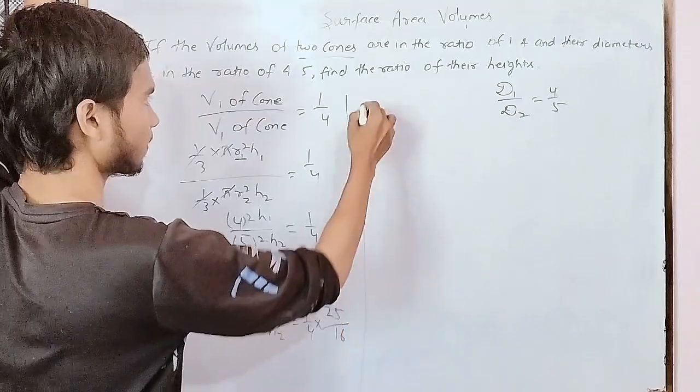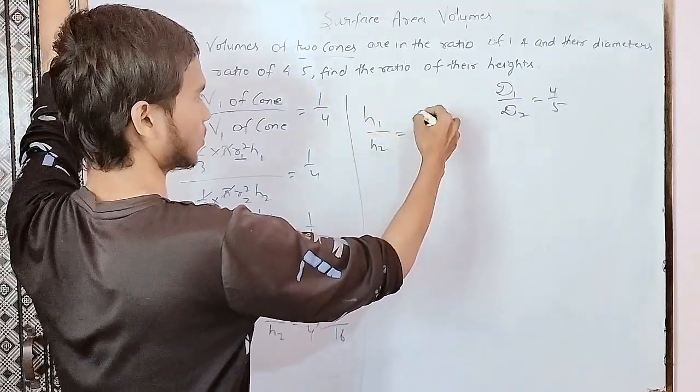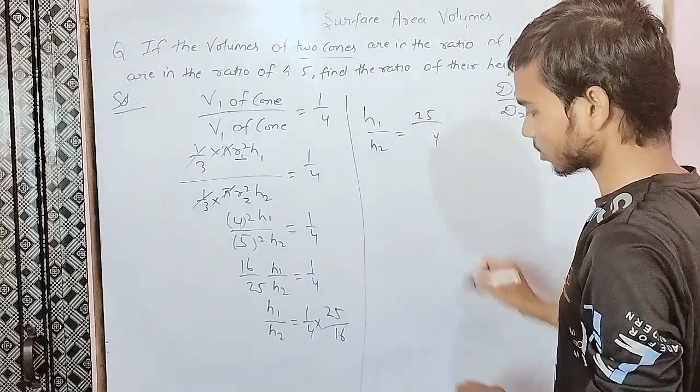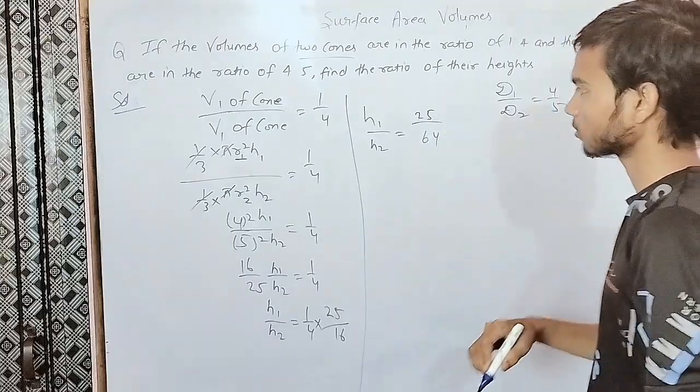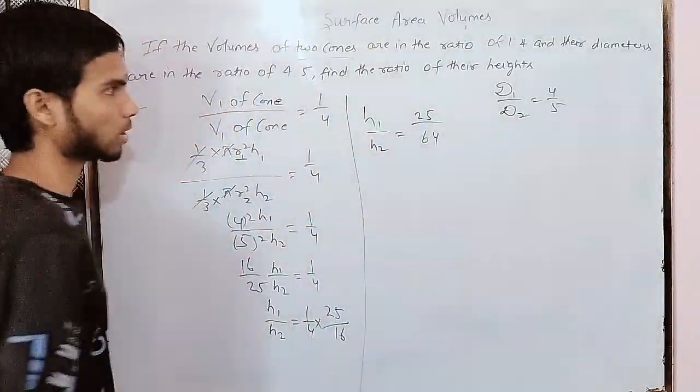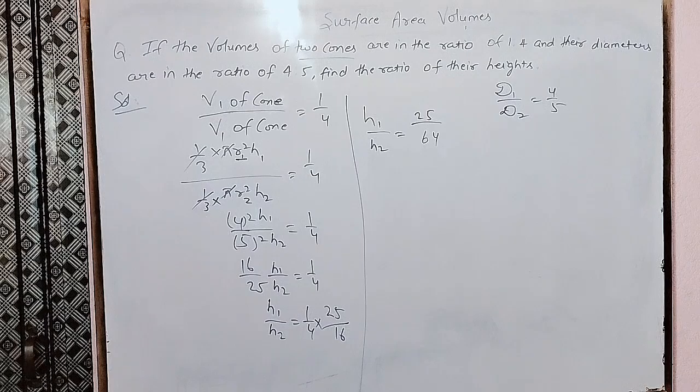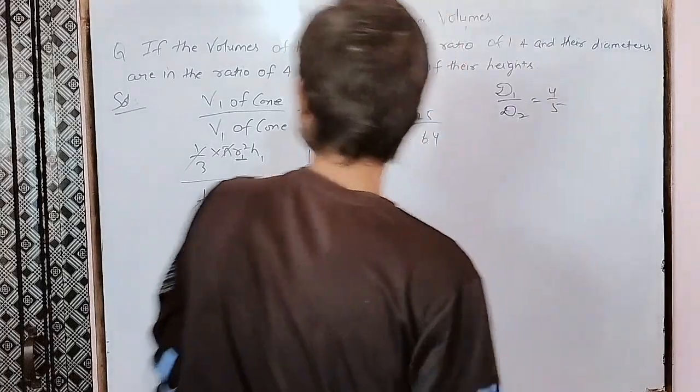So 25 upon 64. So 25 is one height and 64 is the other height. Next question.